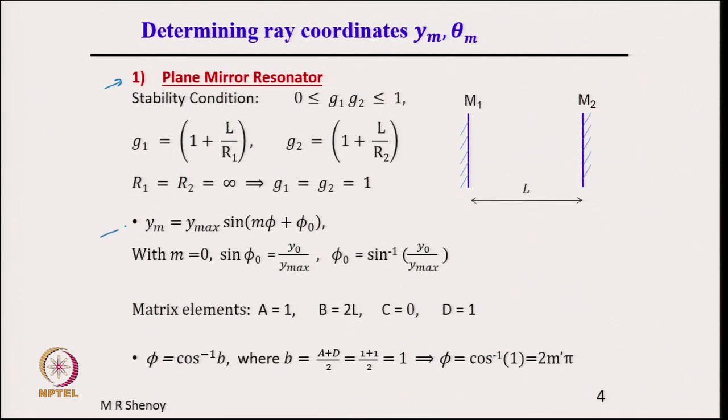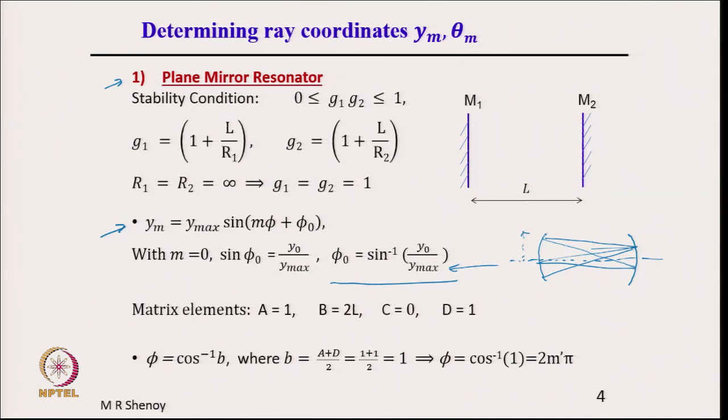Now, the solution for the displacement y_m is given by y_max times sin(m phi + phi_0). Phi_0 is given here. So, this is determined by the maximum displacement permitted. Usually, y_max is determined by the extent of the mirrors. For example, if you have two spherical mirrors or plane mirrors, then the rays can lie anywhere at best within the mirror, and therefore y_max represents the maximum displacement, essentially the radius of the mirror.